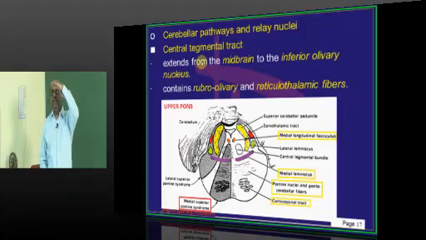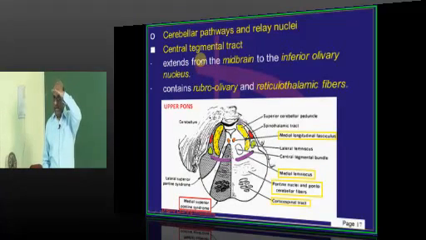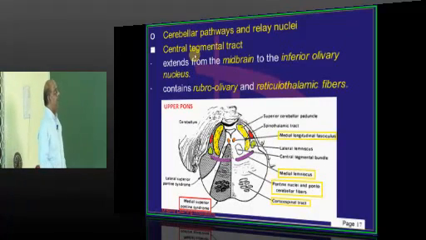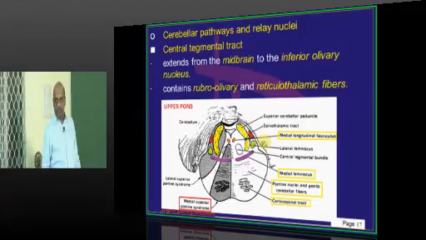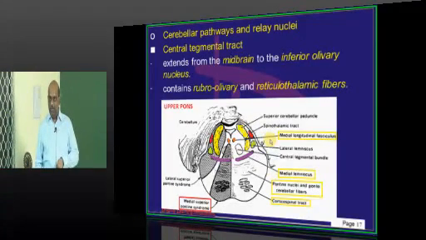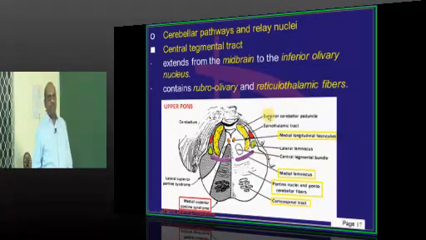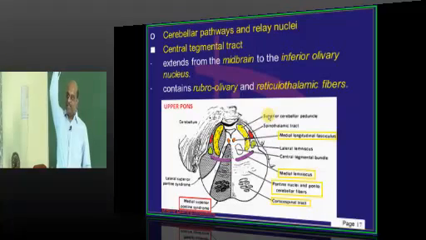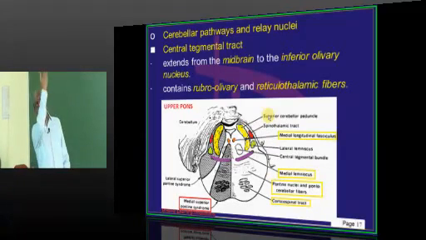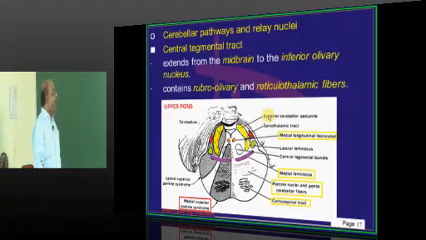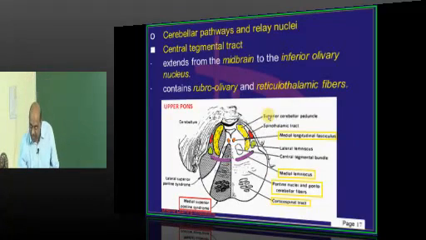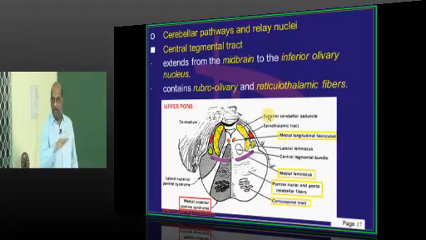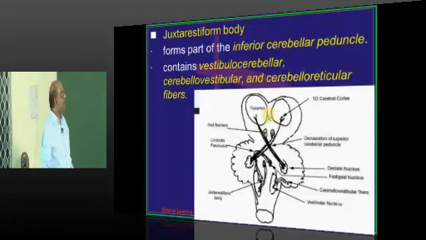So it extends from the midbrain at red nucleus level until inferior olivary nucleus, and it contains the rubro-olivary fibers, and also from the reticular formation of the brainstem, fibers will be ascending and going to thalamus. So those reticulothalamic fibers going up and the rubro-olivary fibers descending down, both of them are the parts of the central tegmental tract, which is typically found in the cut section of the pons.